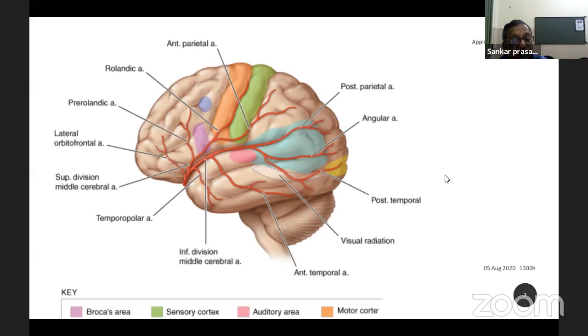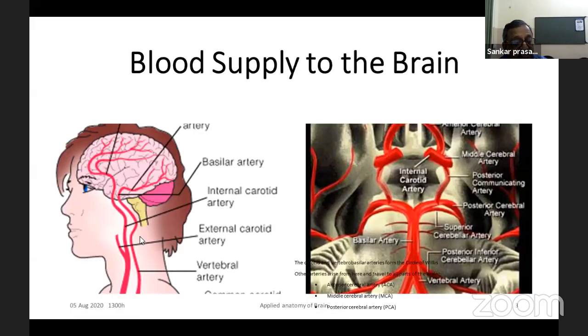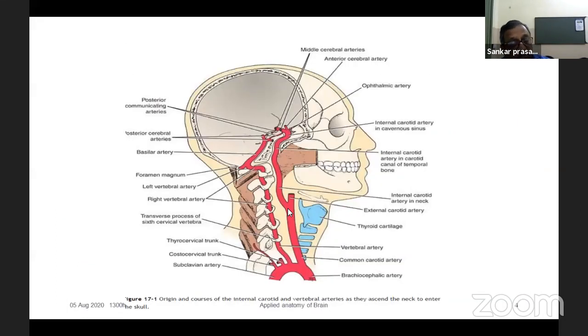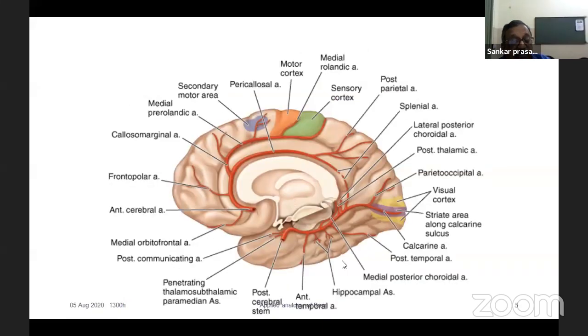There is an anterior circulation and a posterior circulation, and the brain requires a lot of blood and constant supply because it requires glucose and oxygen at a very fast rate, and its stores don't last long once the blood vessel is occluded. You have the anterior cerebral artery, middle cerebral artery, posterior cerebral artery, and the basilar artery, which is called the vertebrobasilar system, and the carotid system supplying blood to the brain.